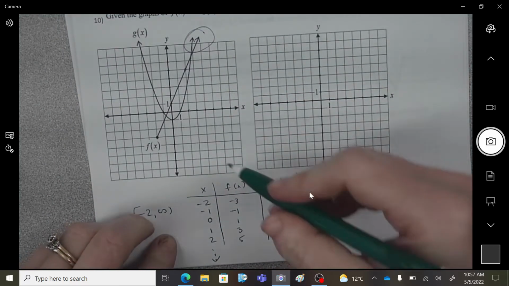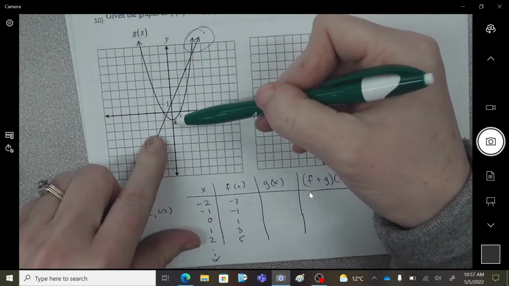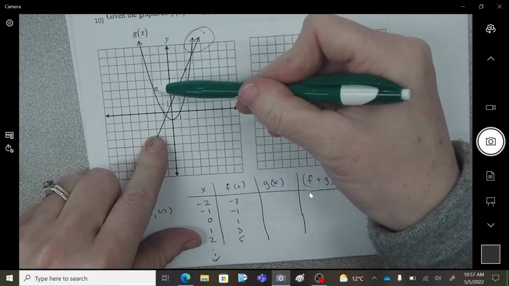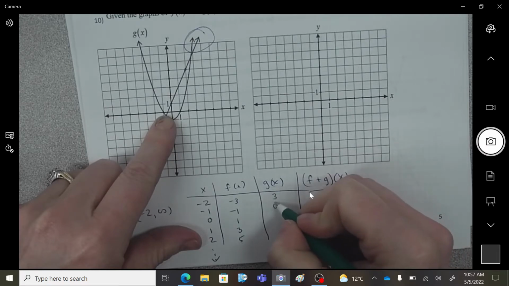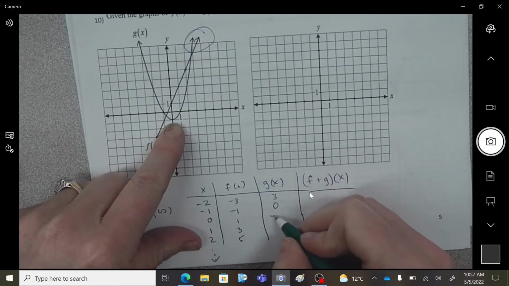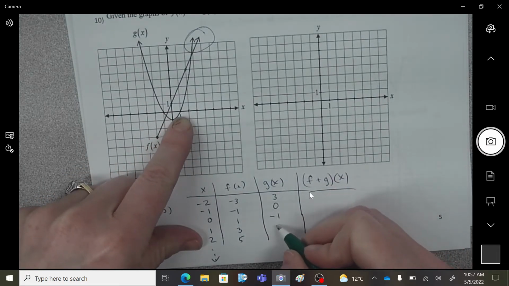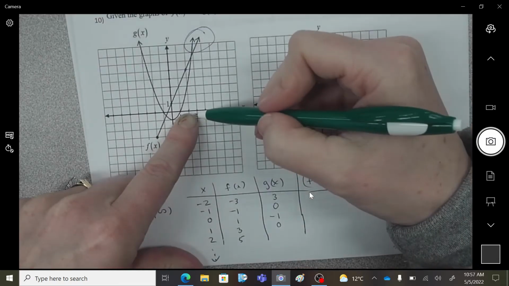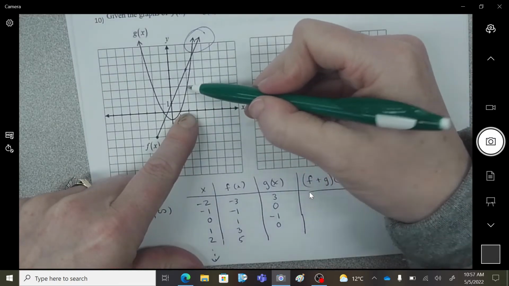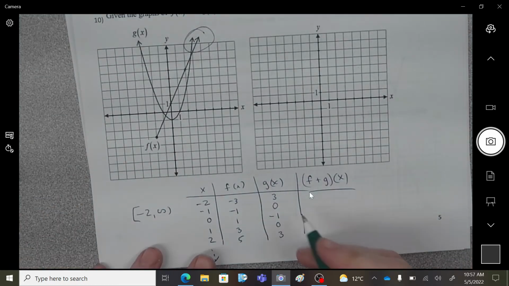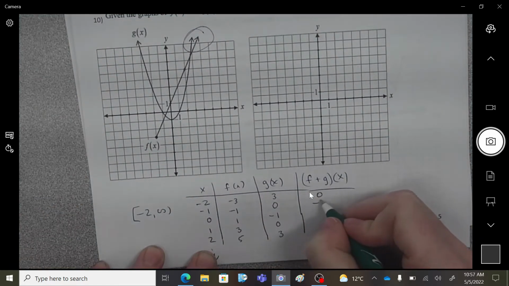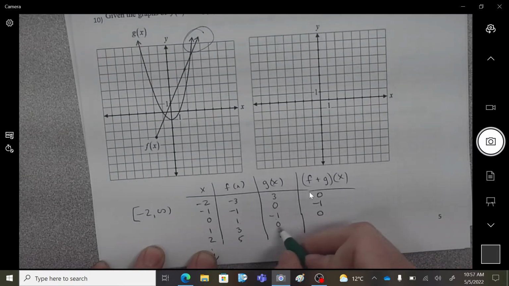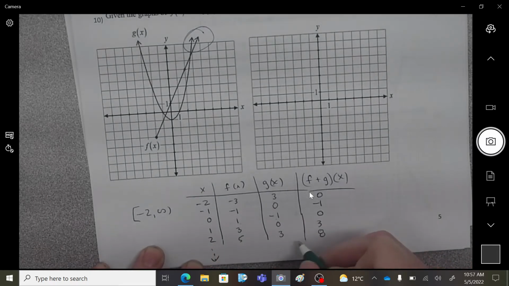Now looking at the g function, the parabola shape, so at -2, it's here at 3, -1, 0, 0, -1, 1 comma 0, and 2 comma 3. So when we add, doesn't matter the order, so that added is 0, -1, 0, 3, and 8.